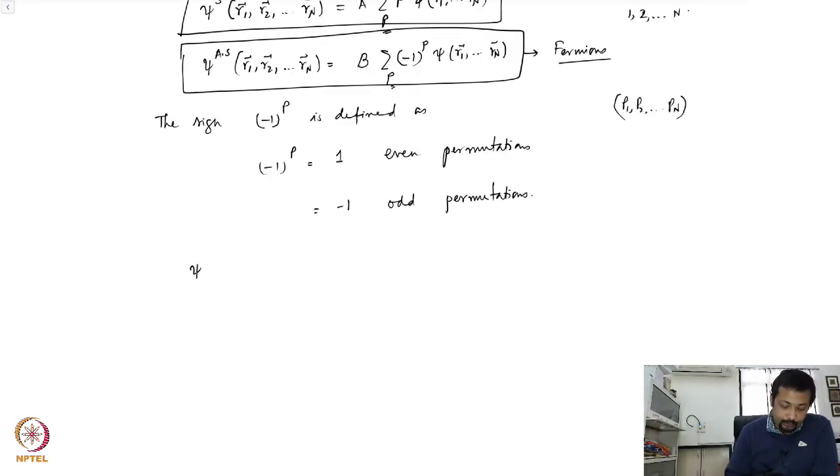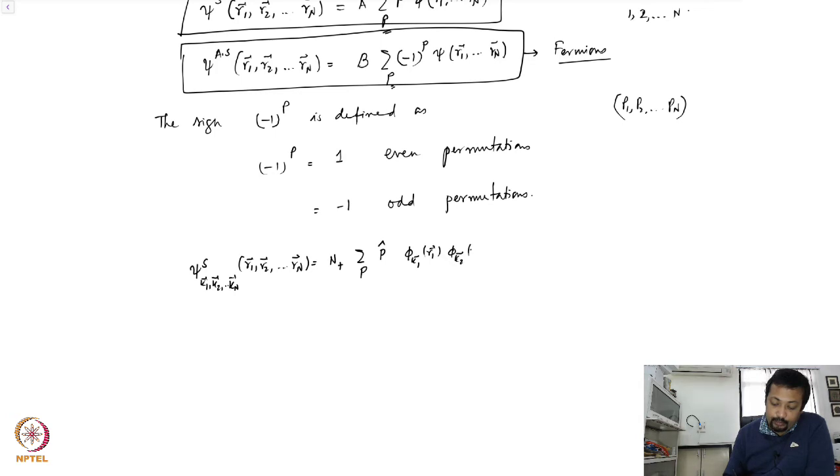So we have psi symmetric of k1, k2, kn, r1, r2, rn. We'll just rename the normalization as N plus. So we'll have N plus times the sum over P, all possible permutations, the permutation operator P hat operating on phi k1 r1, phi k2 r2, phi kn rn.